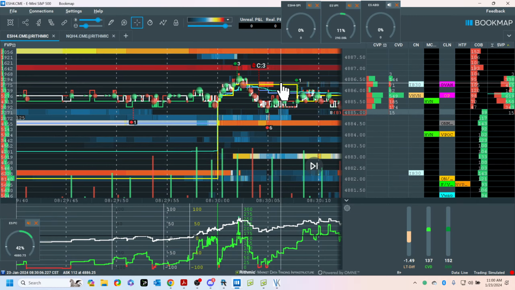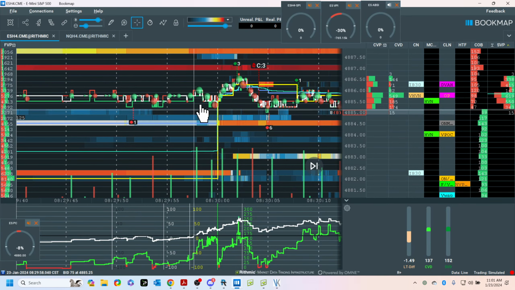Subliminal, ancient wiring from running from the saber-toothed tiger. It's great for the species to survive, but not great in trading, where you actually run into the fire versus away from it. You're running towards the danger, not away from it. So you're pushing against wiring. That also creates FOMO at the same time.